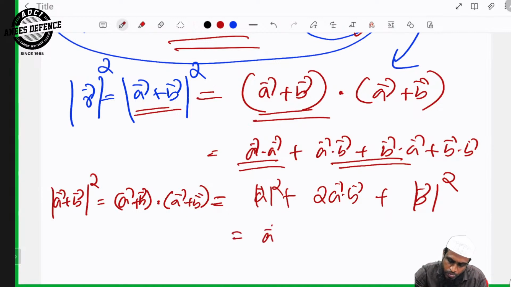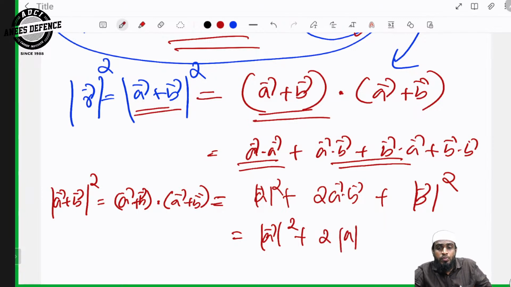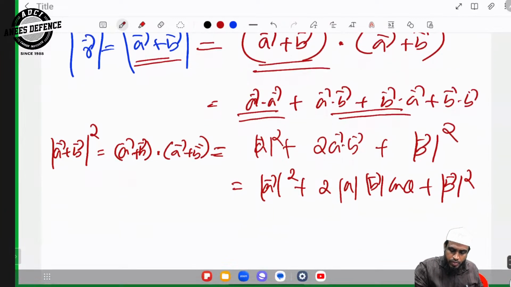This can be written as magnitude of a square plus a dot b, and what is a scalar product? A dot b means mod a mod b cos theta, plus b square.